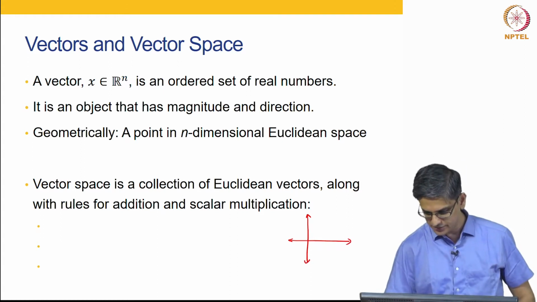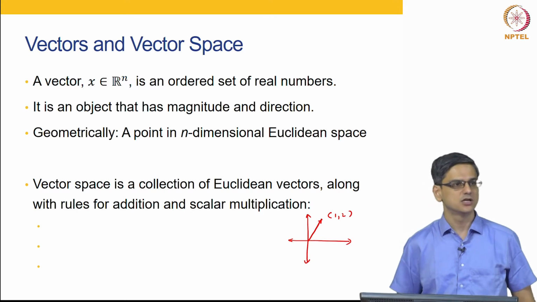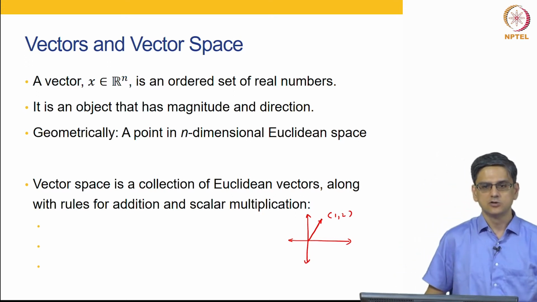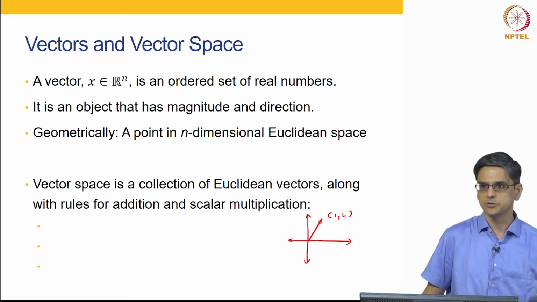So, let us say this particular point is (1, 2). We often denote it in this manner to really indicate that the vector has a size and a direction.